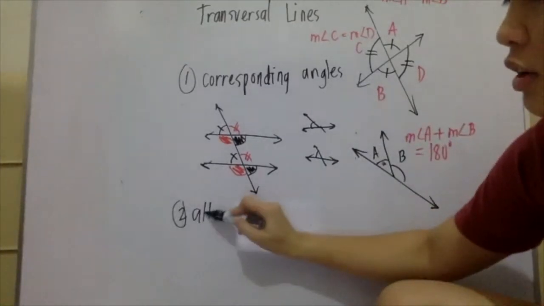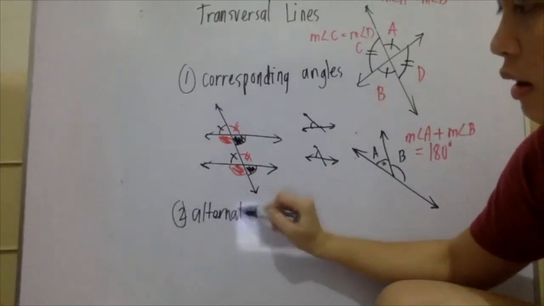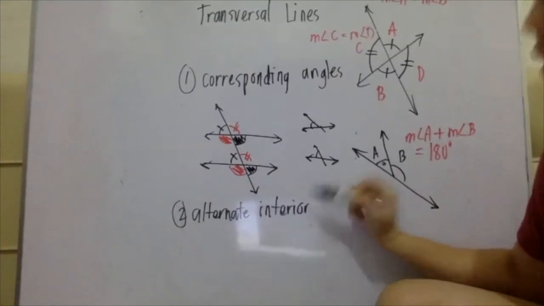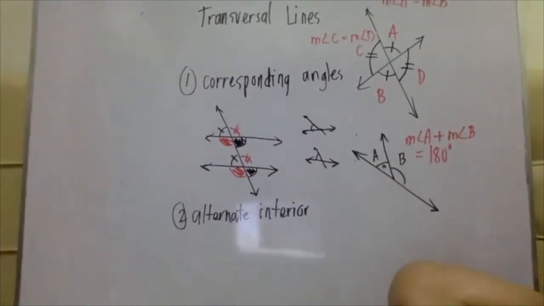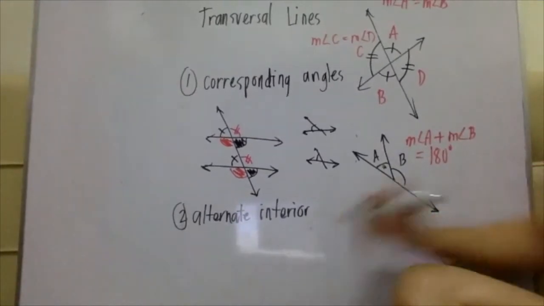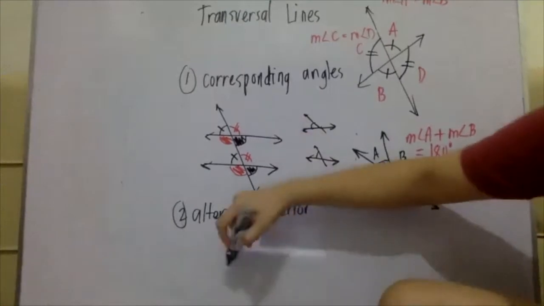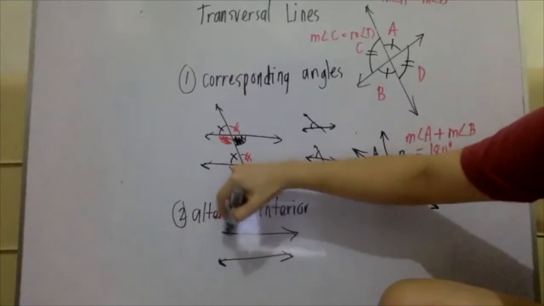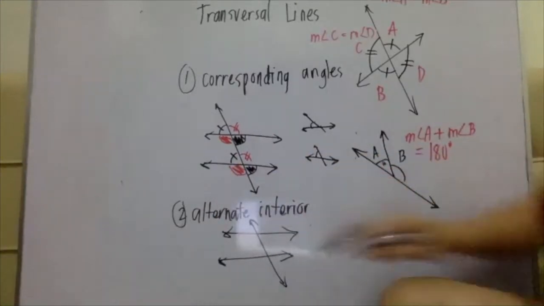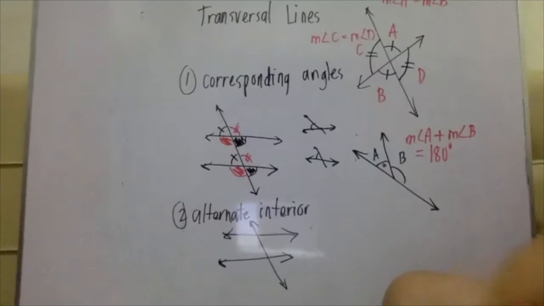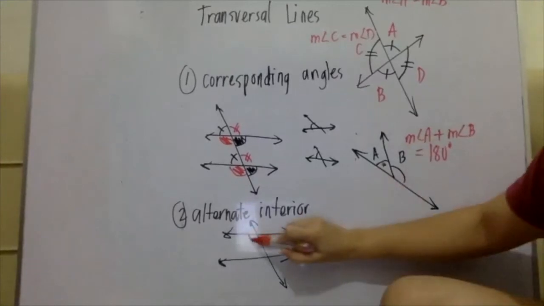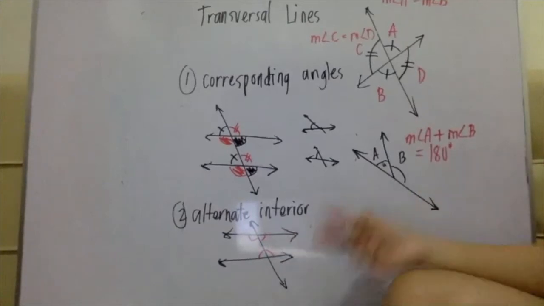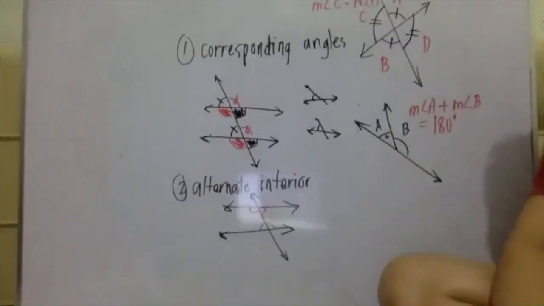Another one is yung tinatawag natin na alternate interior. Okay, pag sinabi namang alternate interior, so again, asan yung interior angles mo if you have two parallel lines, tapos meron kang transversal line. Yung interior angles mo is yung mga angles na makikita dito. Okay? Ayan sila. Yung mga nasa loob, kaya interior angle.